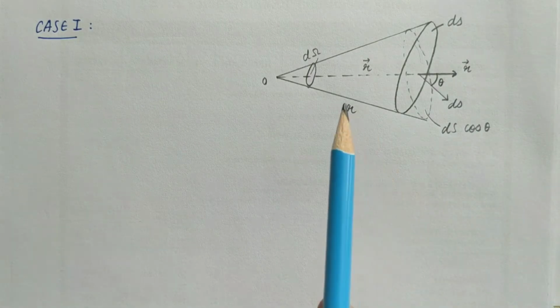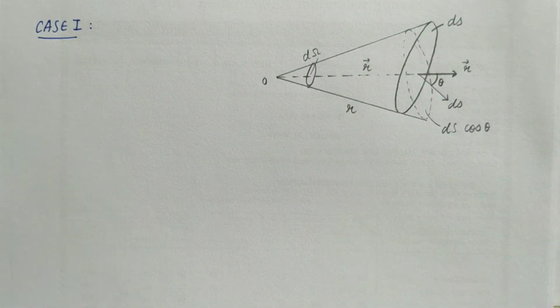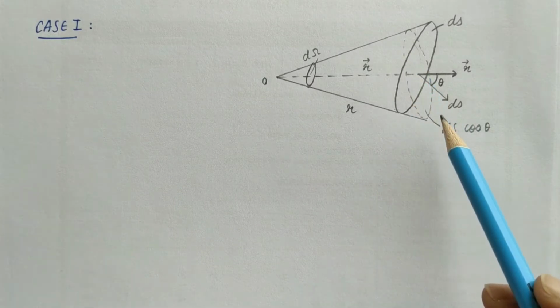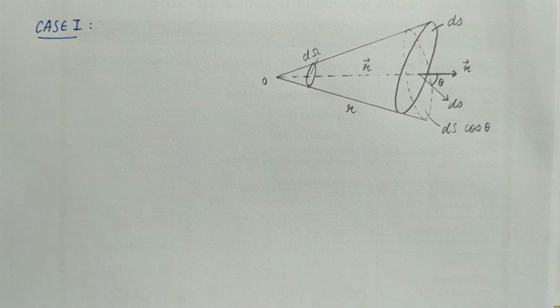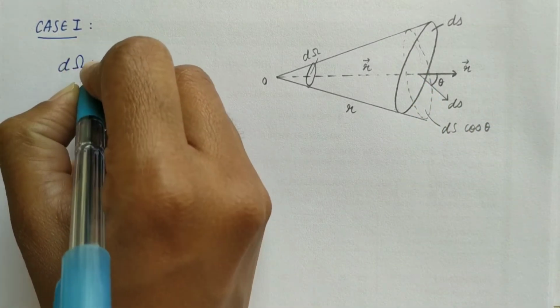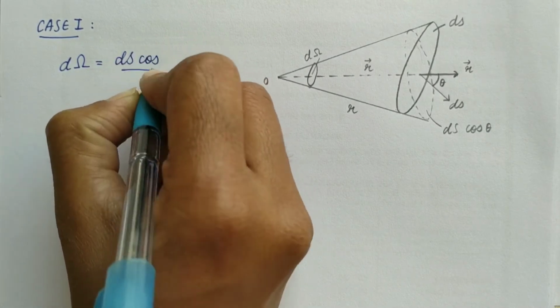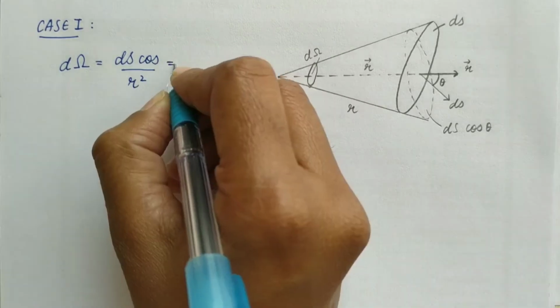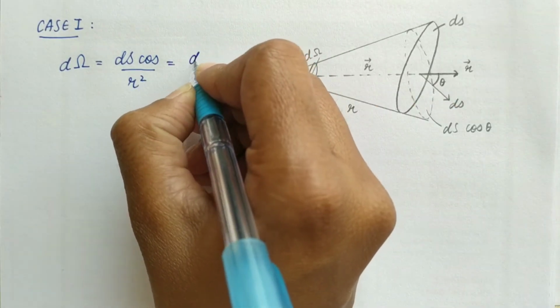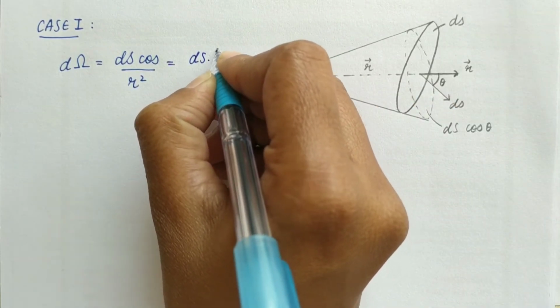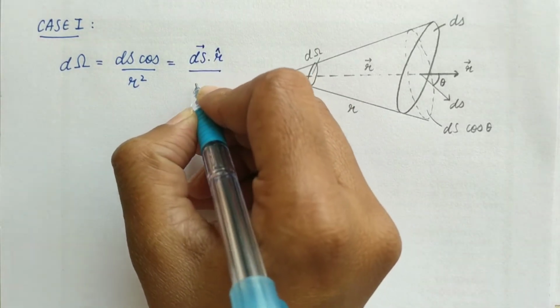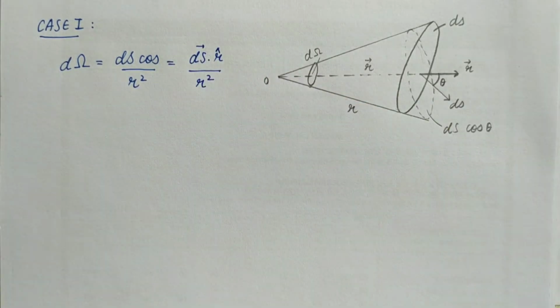So now the solid angle d omega is the ratio of this projected area to r square. So d omega is ds cos theta upon r square, and we can also write it as ds dot r cap upon r square. So the first case depends on the angle, and we add the cos theta in the formula.